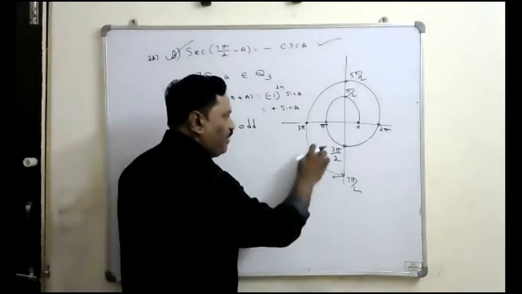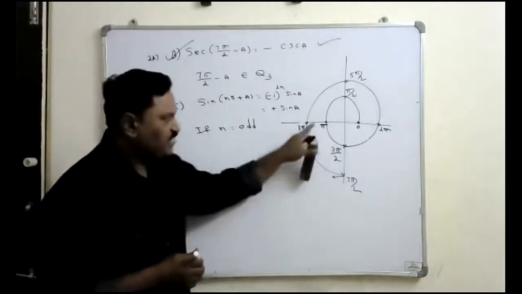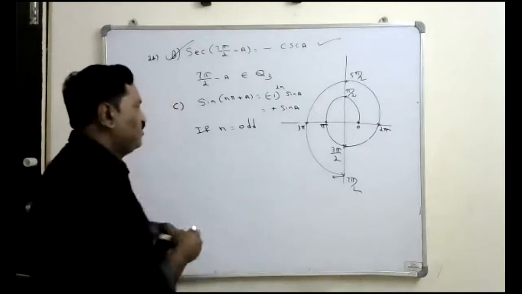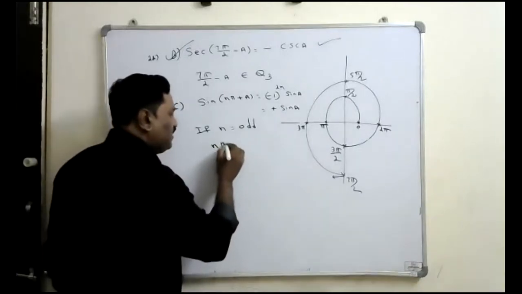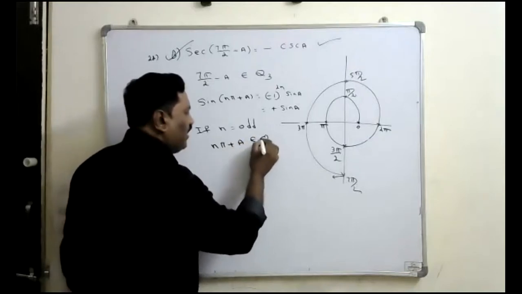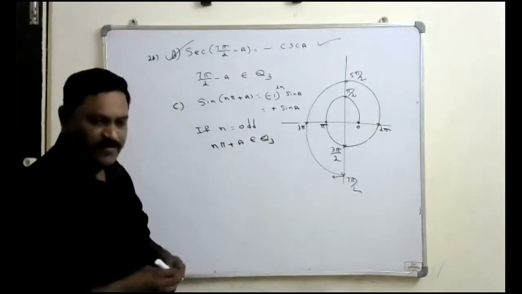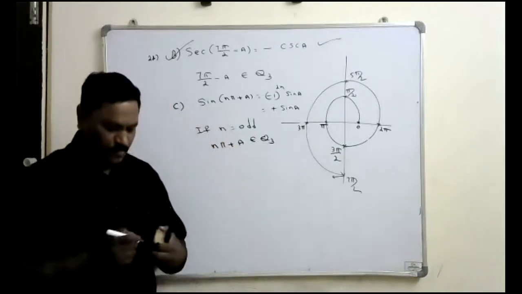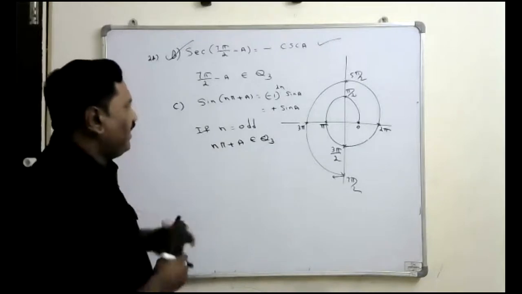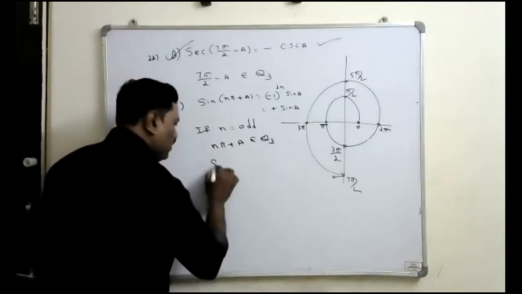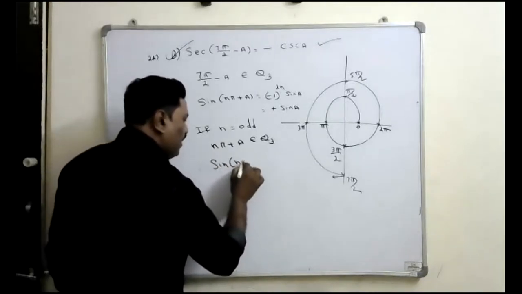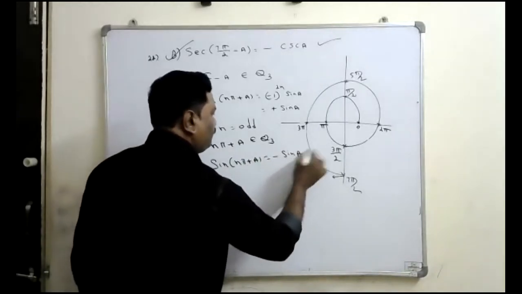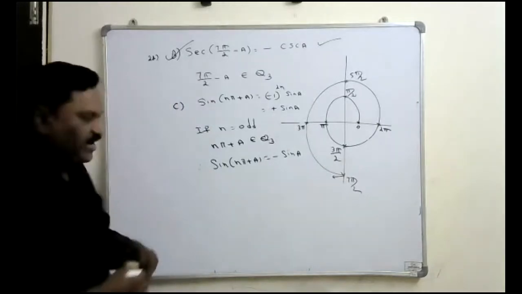Then n pi plus a lies in the third quadrant. In the third quadrant sine is negative. Therefore, sin of n pi plus a is equal to minus sin a.